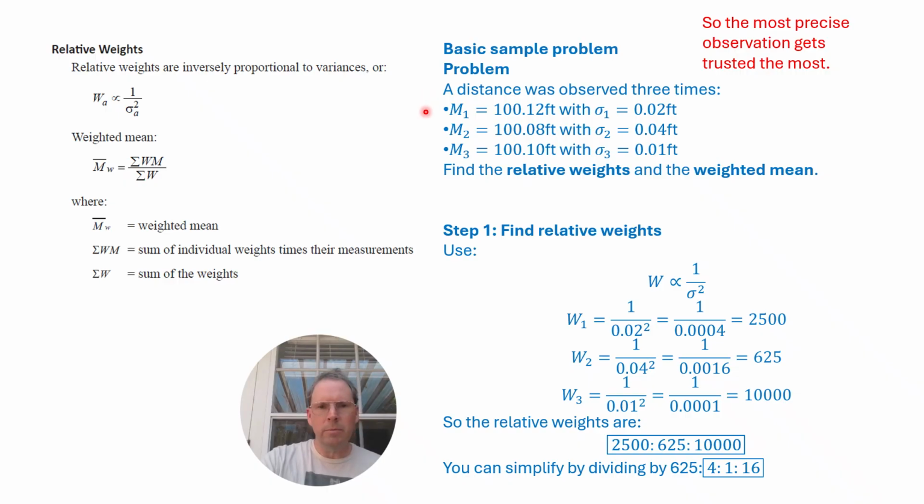The first measurement is 100.12 feet, standard deviation of 0.02 feet. The second time it's measured as 100.08 feet, standard deviation of 0.04 feet. And the third measurement comes up to be 100.1 feet with a standard deviation of 0.01 feet. Find the relative weights and the weighted mean.